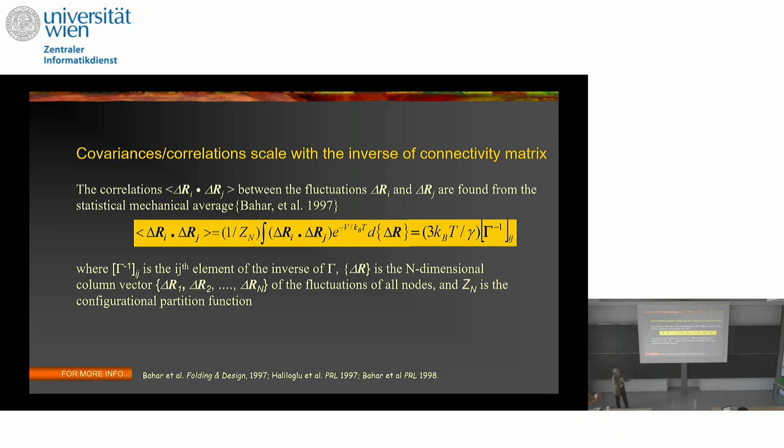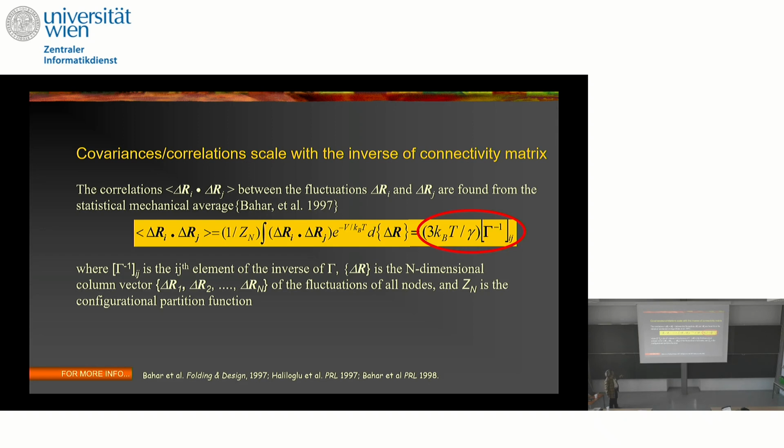Now, another basic thing: if you are trying to calculate the covariance between the fluctuations of nodes i and j, you can write it as a Gaussian integral. The most important thing is that the covariance scales with the inverse of the connectivity matrix. It's a pseudo-inverse, but physically that is what it is.